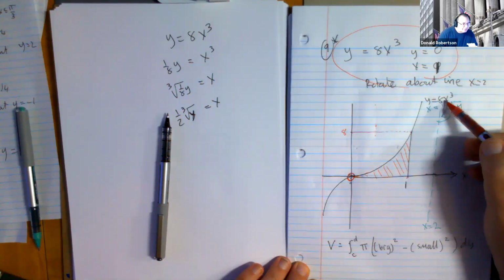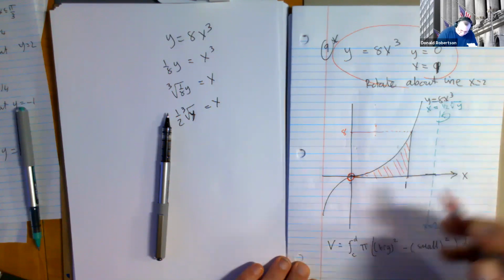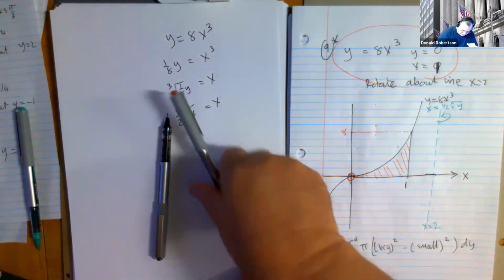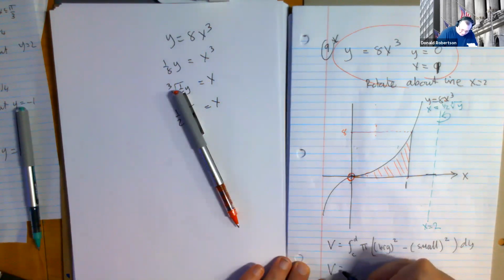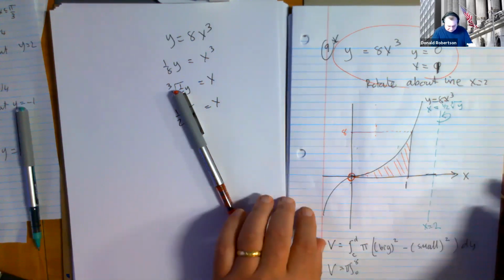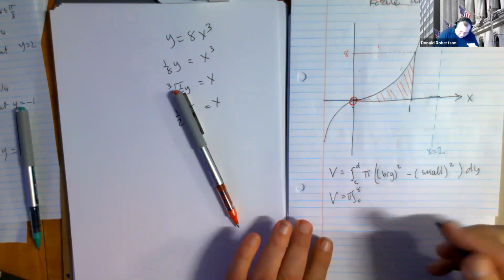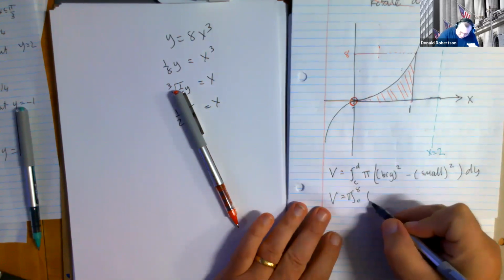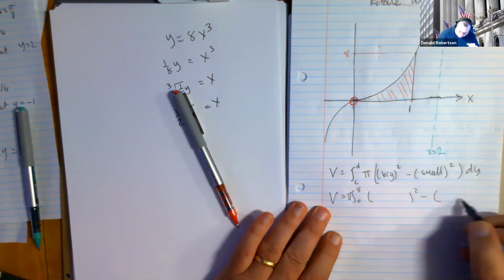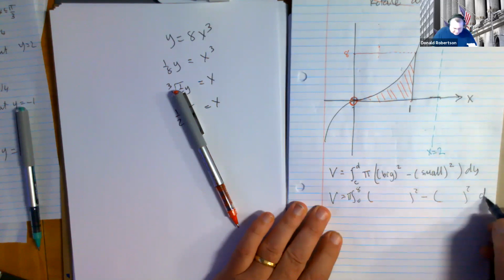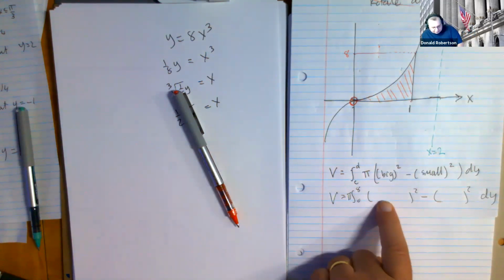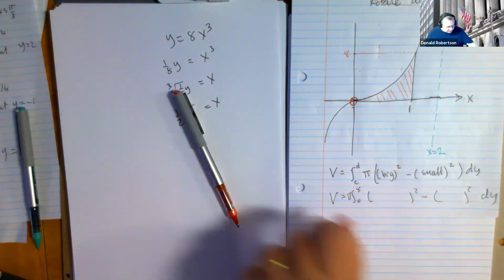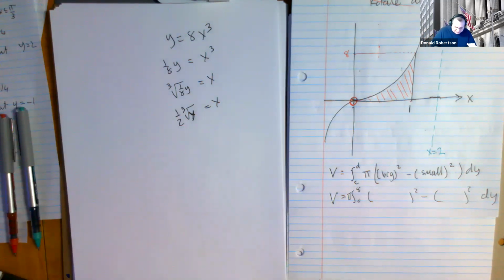Can you just use that to figure out the value? So we're going to go from 0 to 8. Now I have a big radius squared, take away a small radius squared, dy. If I can figure out what these two things are in terms of y, we are done.